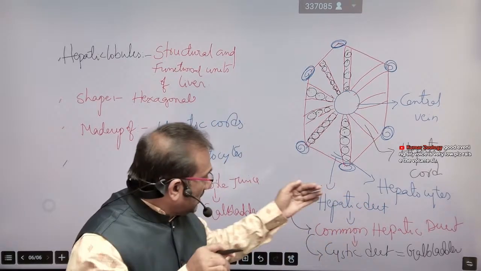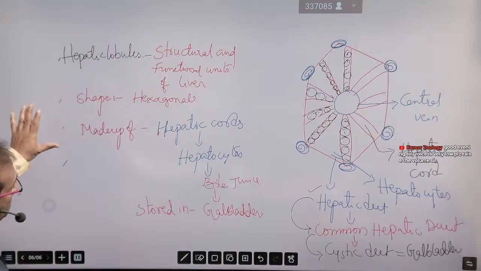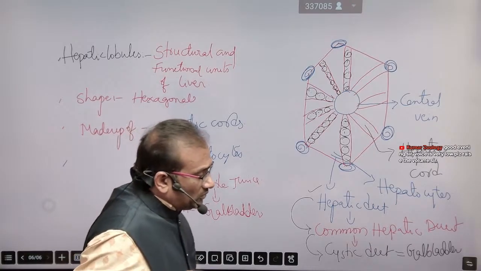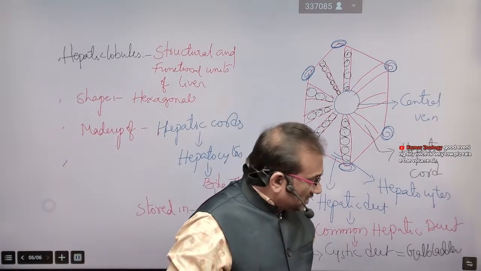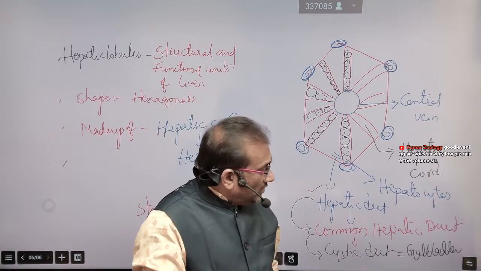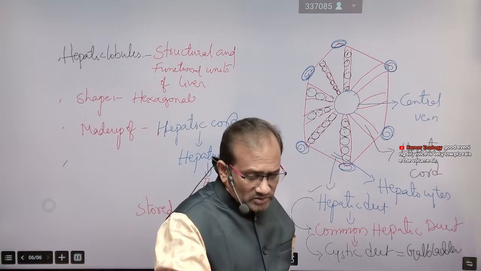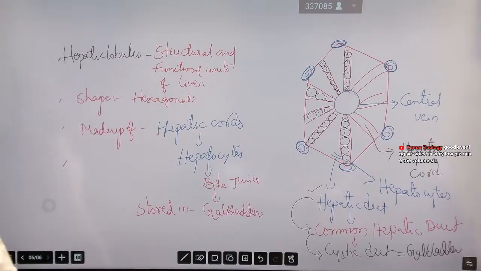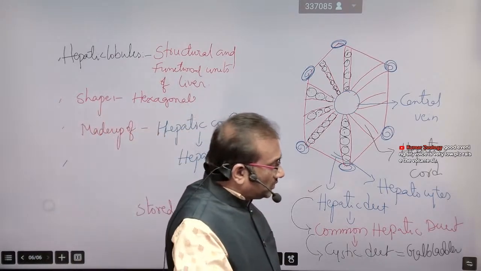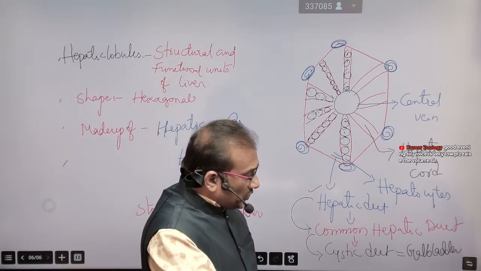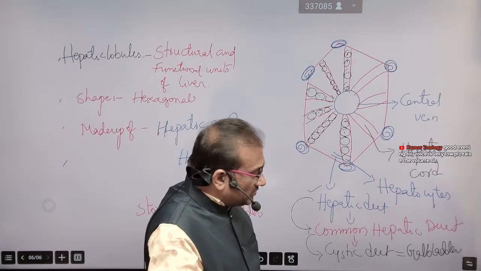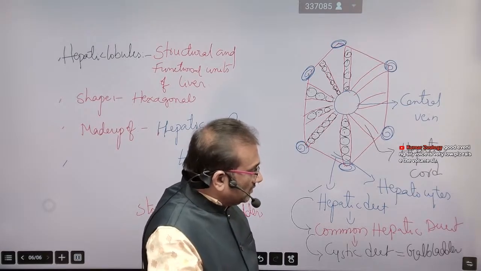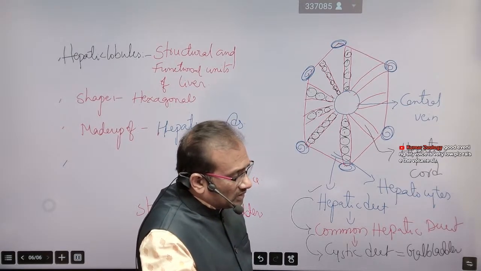So we'll discuss all these things. Up to now, any doubts? Please ask me if there is any disturbance. Otherwise, if you have any doubts regarding this, just wait. We are discussing the human digestive system and the digestive glands.